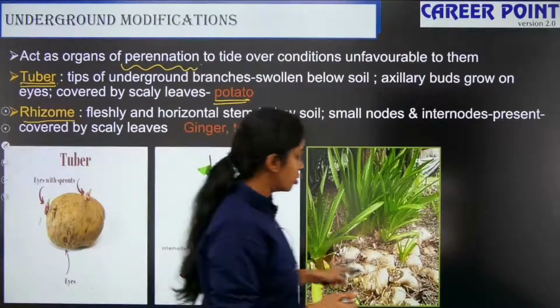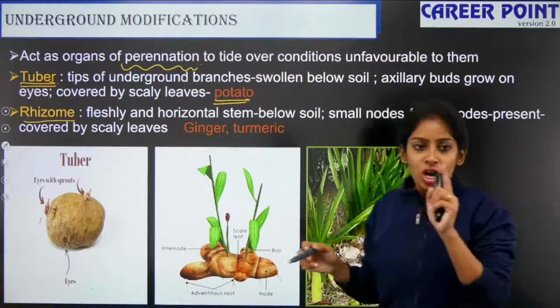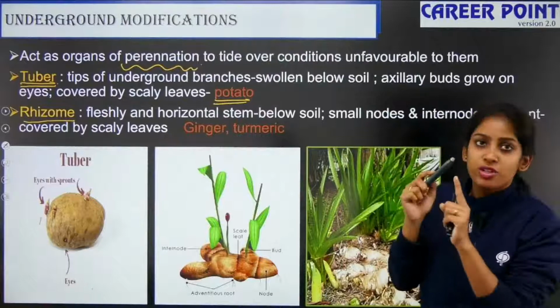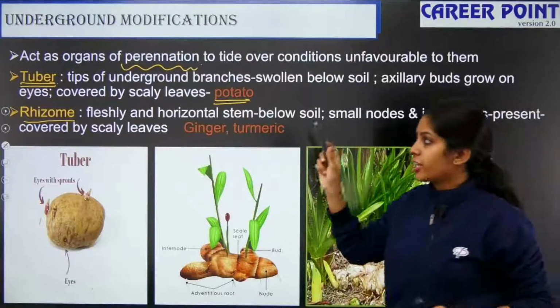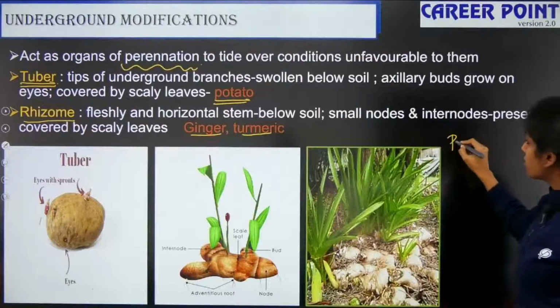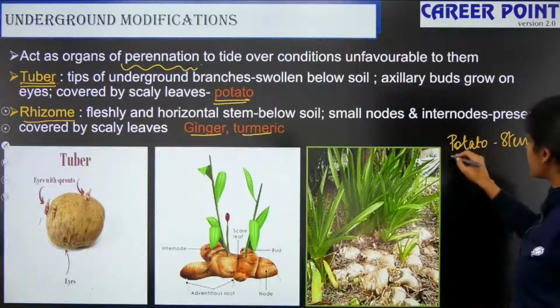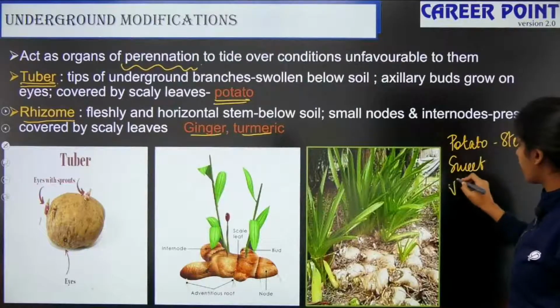So this is how it grows. So this is tuber and rhizome. Underground modification, the first one is tuber, remember potato. The next one is rhizome, which is ginger and turmeric. People always have this doubt: potato is a stem modification, whereas sweet potato is a root modification.